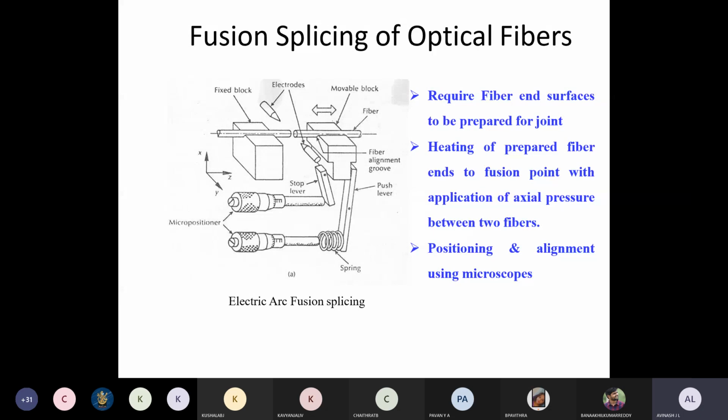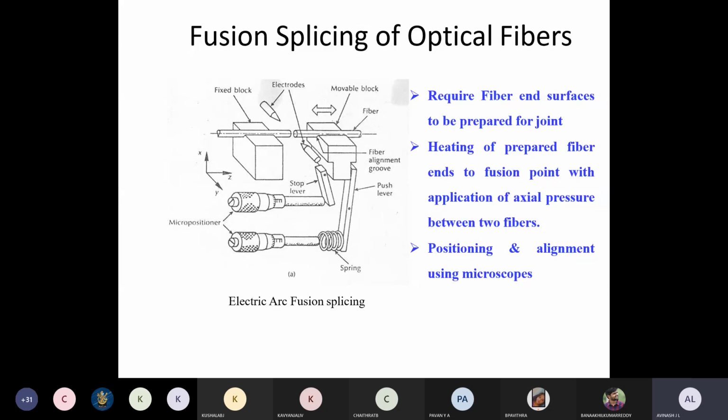Once everything is set, the electrodes are taken to the joint position, and using a heating mechanism the joint is made. After that, we can unlock the fibers and take them out of the fusion splicer.